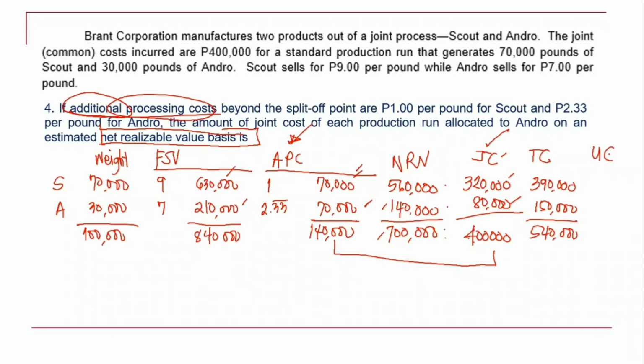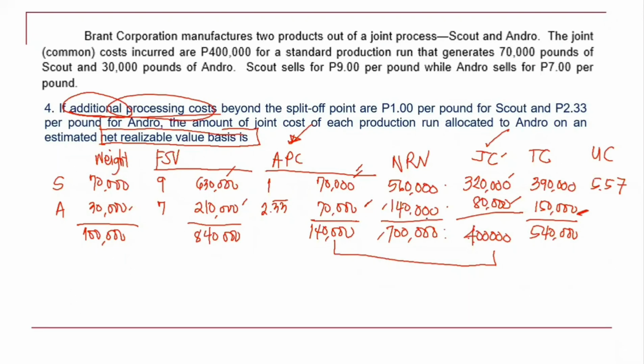Ayan. So magkano po ang unit cost natin kay Scout? That would be 390 divided by 70. So magkano kay Scout? 5.57. Magkano kay Andro? 150,000 divided by 30,000.